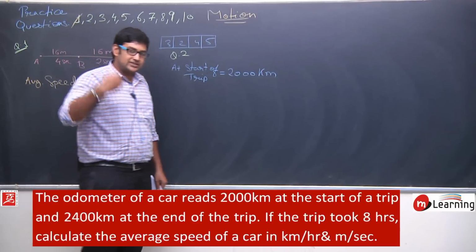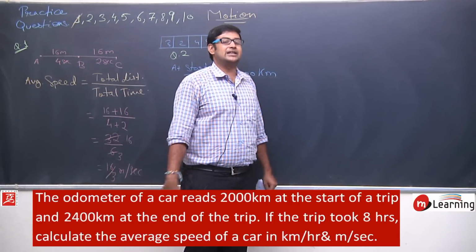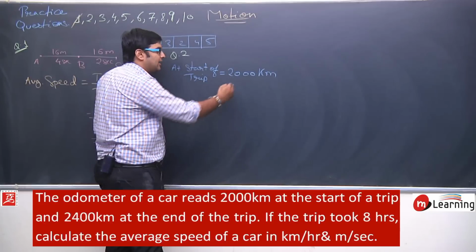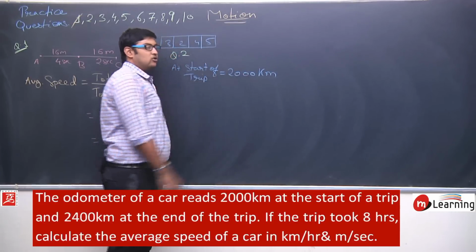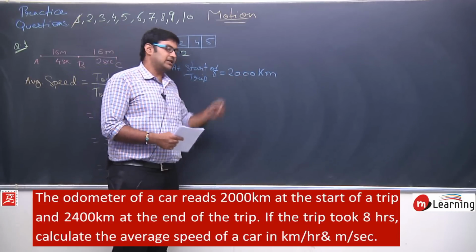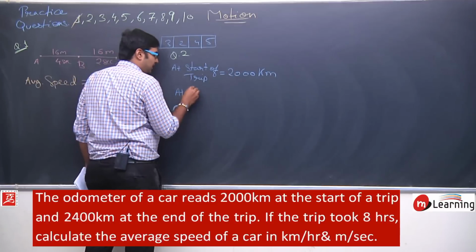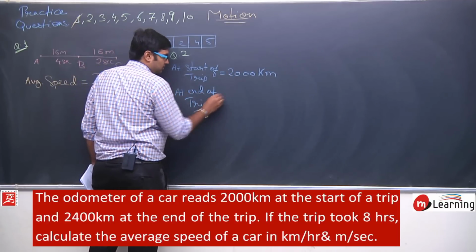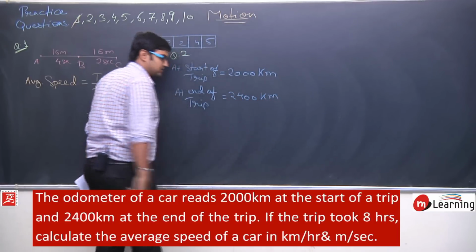Okay, so I am not considering the past trips which the car had already traveled. I am considering my trip, and before the start of my trip, I can see the odometer of this car reads 2000 km. At the end of the trip, the same odometer reads 2400 kilometers.